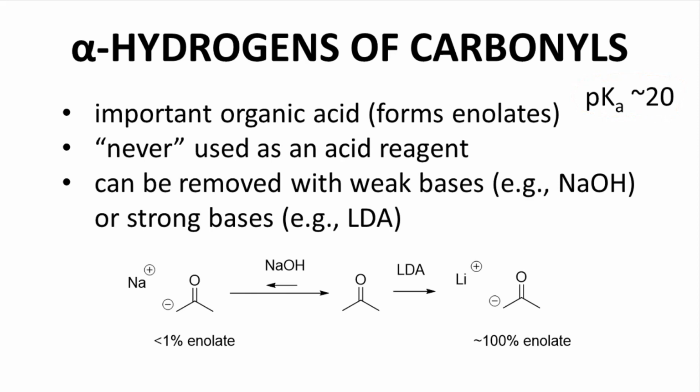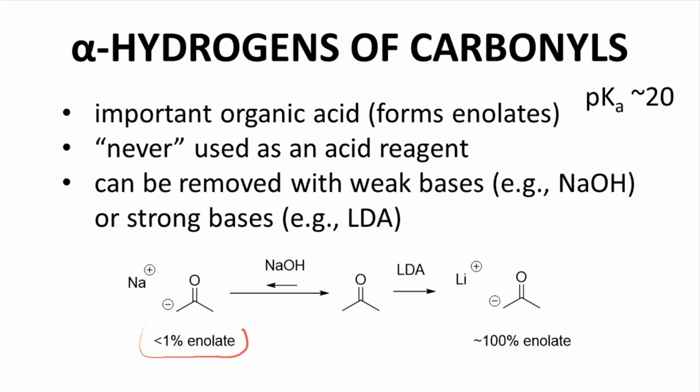When deprotonated, carbonyls can form enolates, which are super useful in a range of organic reactions. Deprotonation of alpha hydrogens requires strong bases. Here in the middle is our ketone. Sodium hydroxide is a strong base, but it is barely able to deprotonate a carbonyl at the alpha carbon.